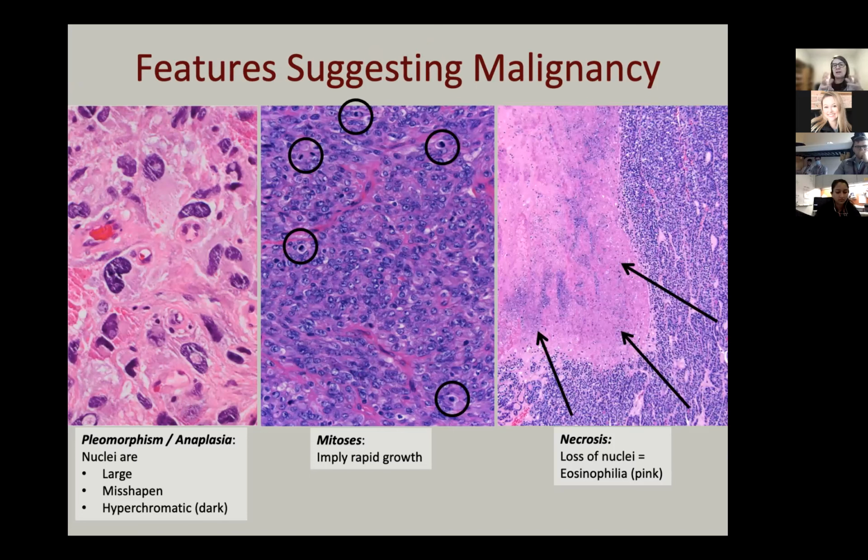So they sort of pack together in a cell and become very dark. Lots of mitoses might imply something of rapid growth. Certainly necrosis, in this case, this grungy pink material in the center, essentially means this lesion is outgrowing its blood supply. It's growing so fast to outgrow its blood supply, areas are dying. This is a potentially very good indicator of something malignant.